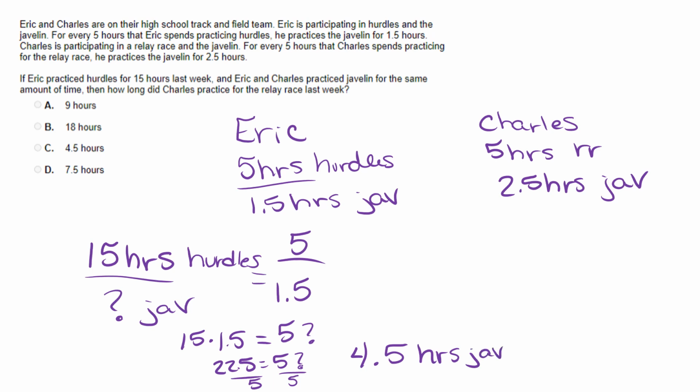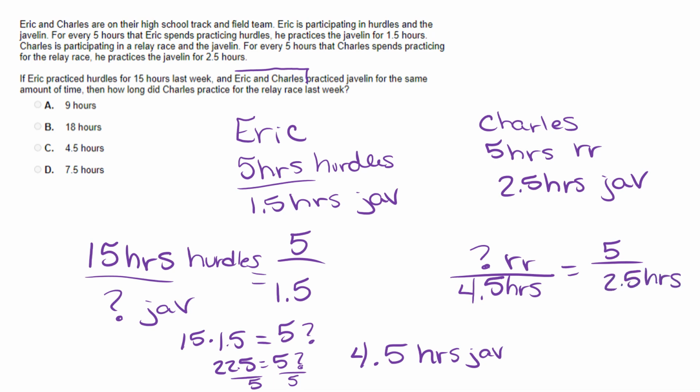Now, it tells us that Eric and Charles practiced the javelin for the same amount of time. So we know that Charles spent 4.5 hours on the javelin, and we need to know how many hours he was there for the relay race. So he started with 5, 2.5. Okay, so we're going to cross multiply. 4.5 times 5 equals 2.5 times question mark.